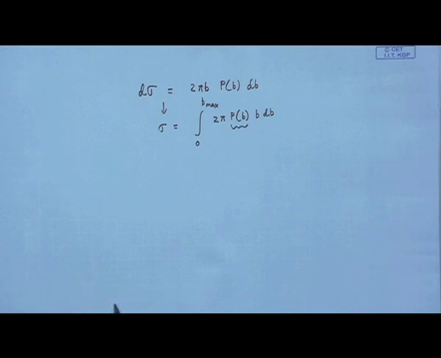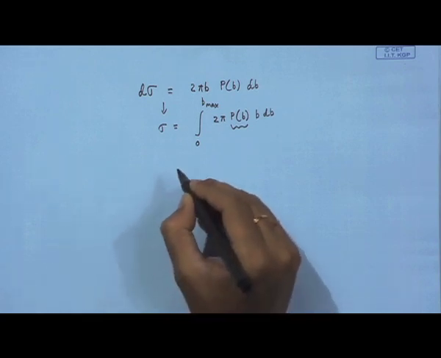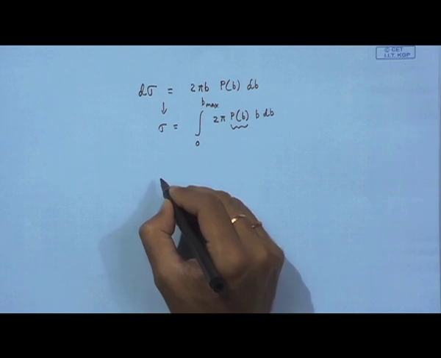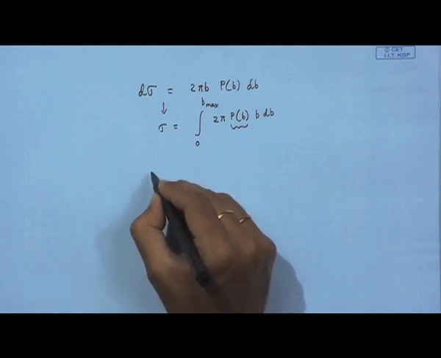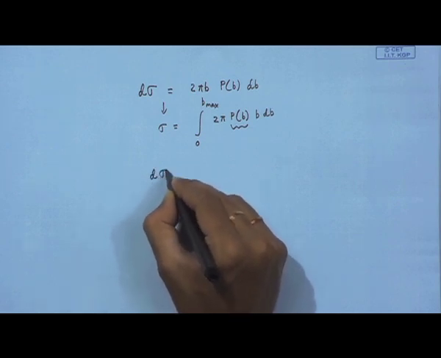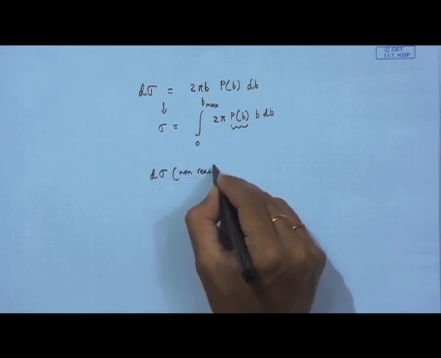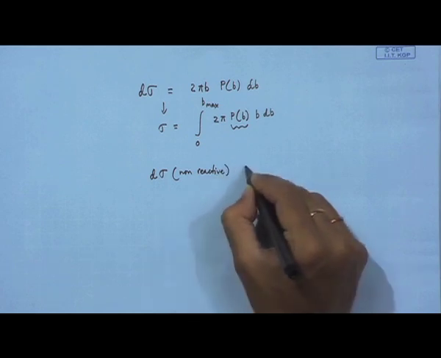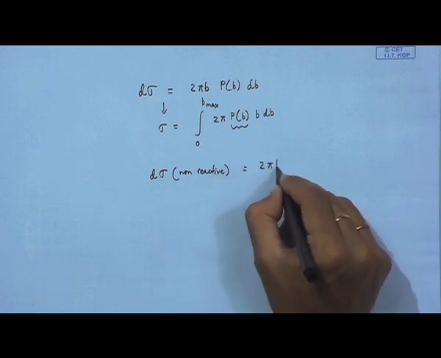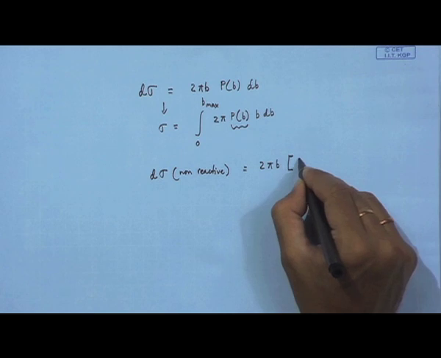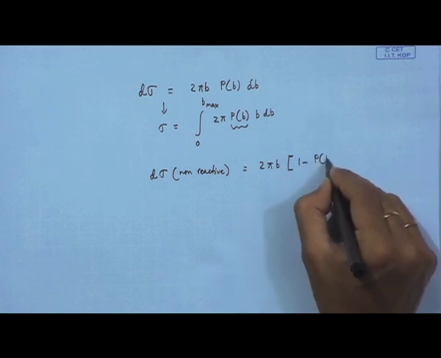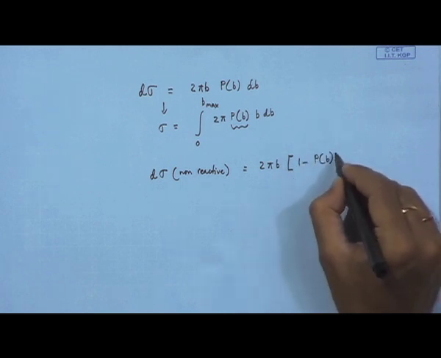You can subdivide into two. So for the non-reactive cross section you can write d sigma non-reactive, which is equal to 2 pi b into 1 minus P(b) into db.